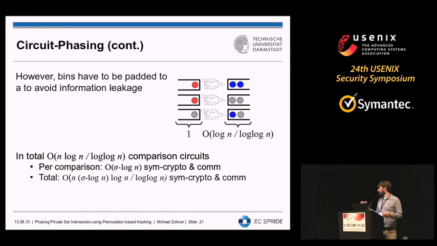In total, this gives us a rather large formula, which I'm not going to read out. And the sort-compare-shuffle circuit from Huang, Evans, and Katz is around the same order.